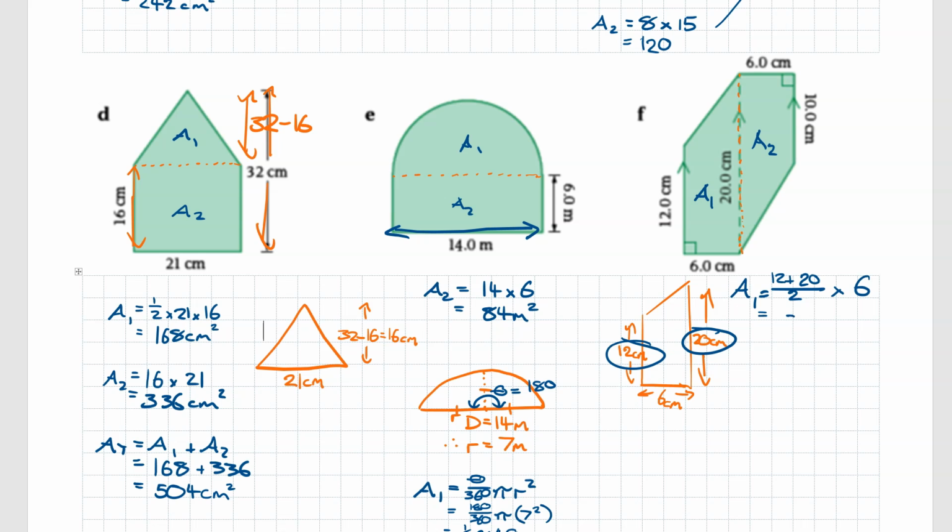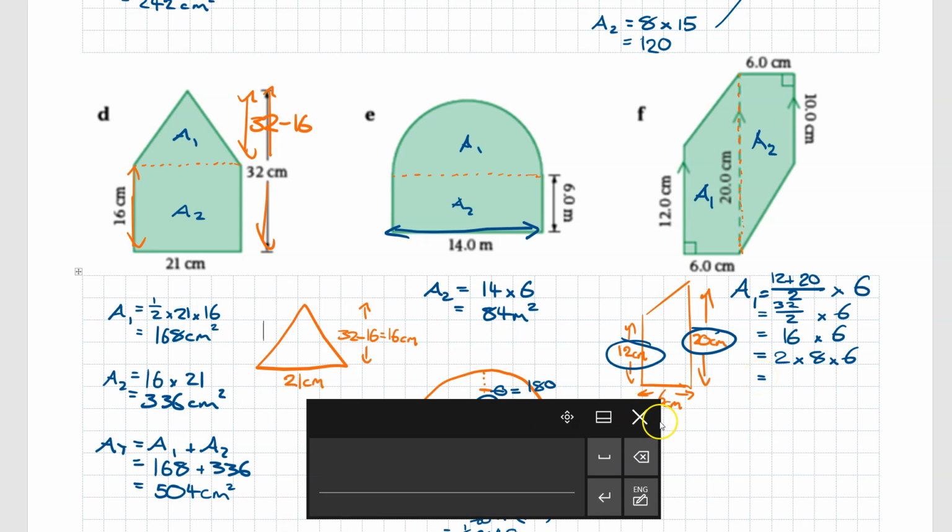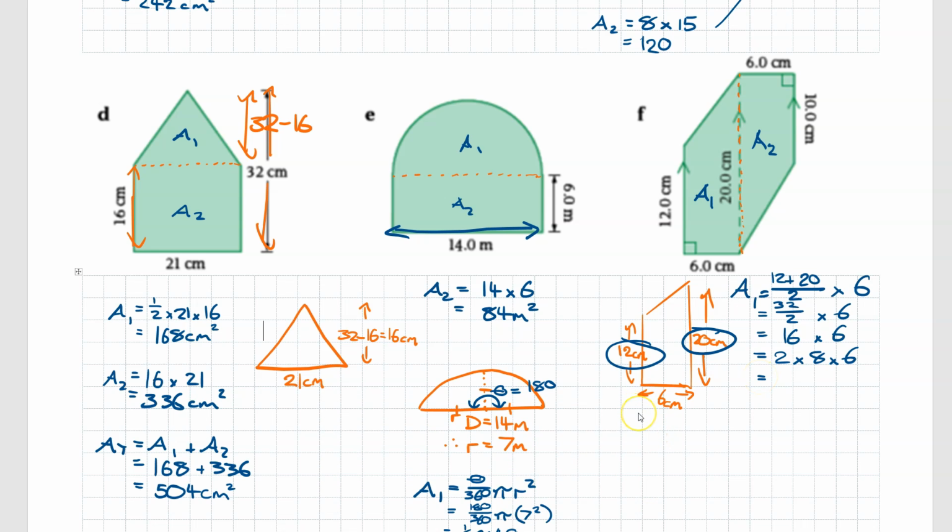That's going to come out as 32 over 2 times 6, then that will be 16 times 6. Or breaking that up a little, 2 times 8 times 6, and then 2 times 48, and therefore that is equal to 96, and it's in centimeters squared.